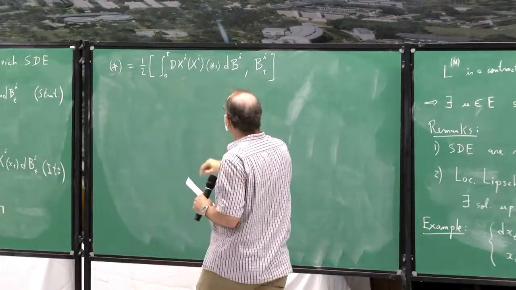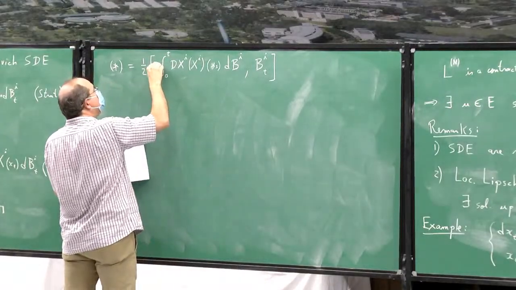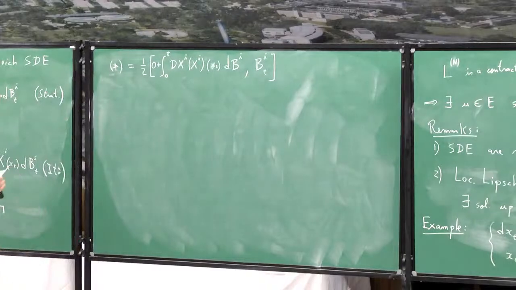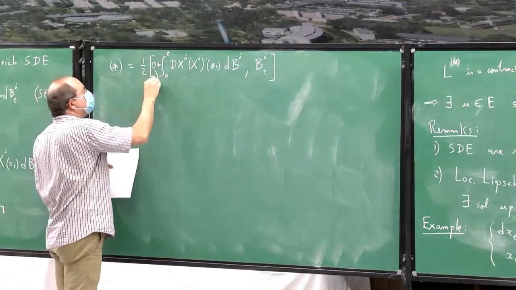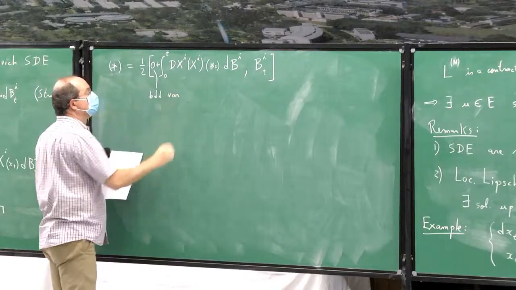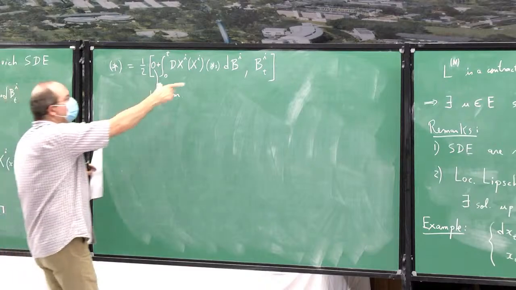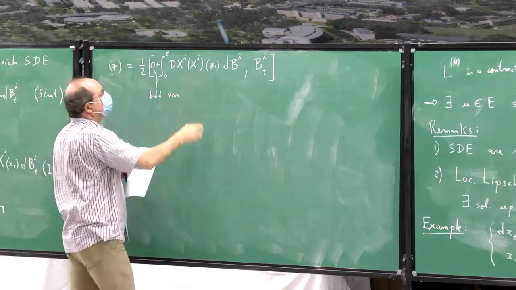All the other terms vanish. So, just to emphasize this, I put 0 plus this. Instead of 0, you can write bounded derivative. Sorry, bounded variation. So bounded variation plus the only term which is relevant, which is this one.